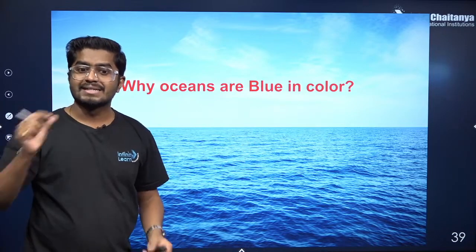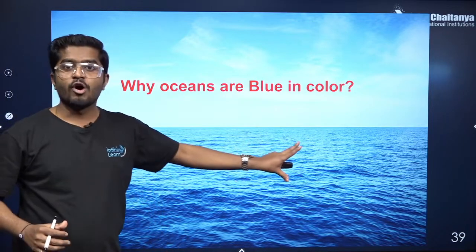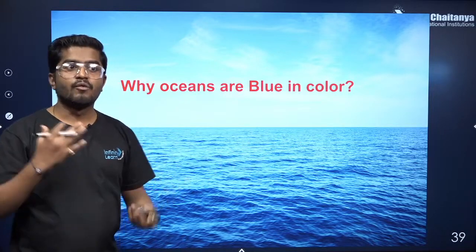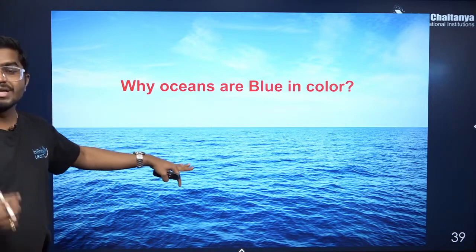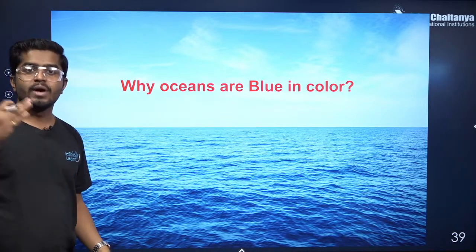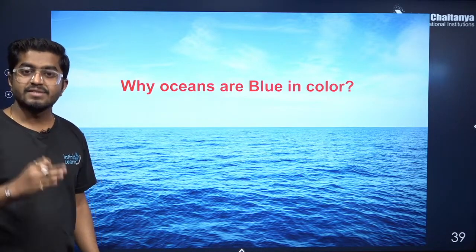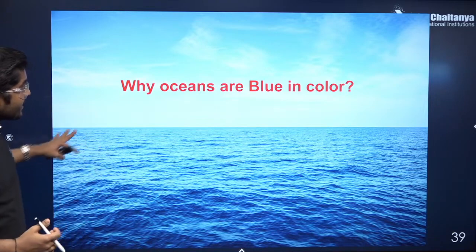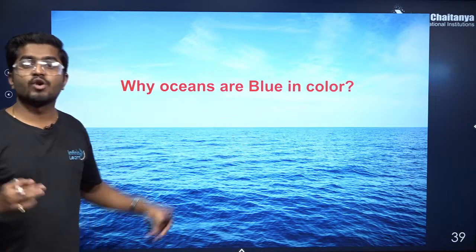These are not particles. These are not water droplets. These are one uniform medium. So when the light falls onto these water molecules, the colors blue, indigo, violet will be scattered the most. That is the first statement. Second statement, the red color will be absorbed by these water molecules.